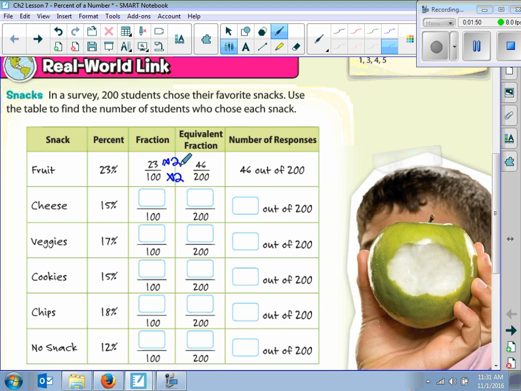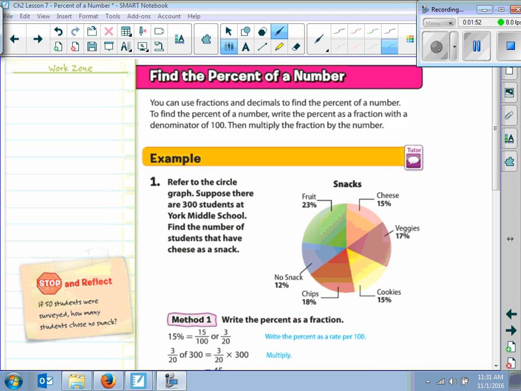Yeah. All right. Here we want to find the percent of a number. Now we are going to start taking notes in our spiral. These notes need to be in your spiral. So you can use fractions and decimals to find the percent of a number. To find the percent of a number, we want to write the percent as a fraction with a denominator of 100, and then we want to multiply the fraction by the number.